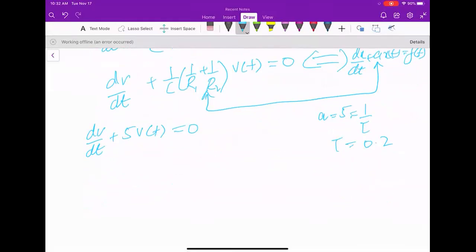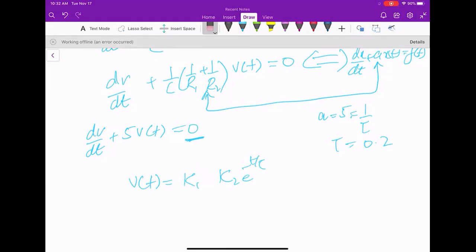Okay, now tell me, what is my solution here? Because I do not have any forced response here, right? So what would be my solution here? What should I write here? So my general solution is normally this, right?